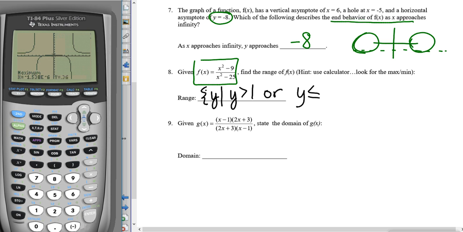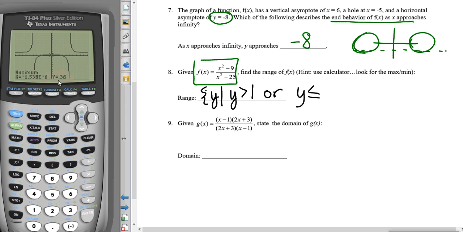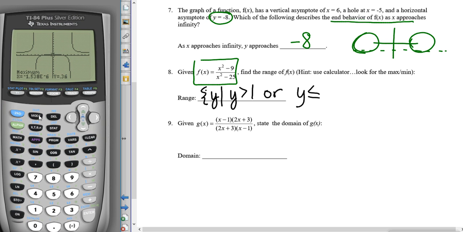This looks nice and symmetrical, so I'm going to guess it's when x equals 0. Here it's -1 times 10 to the -6, so that's 0.00000, in other words. Y was 0.36. So my y has to be less than or equal to 0.36.